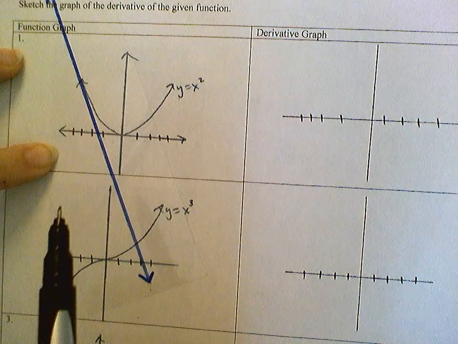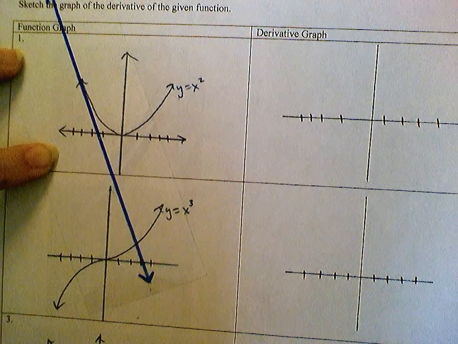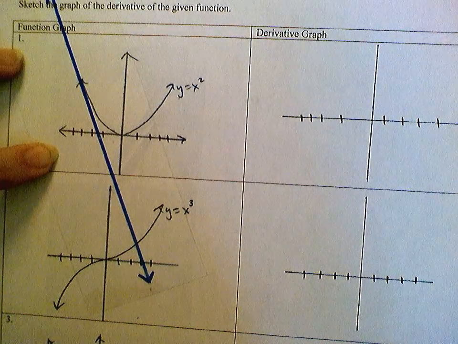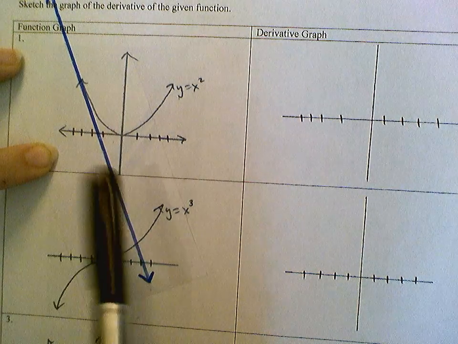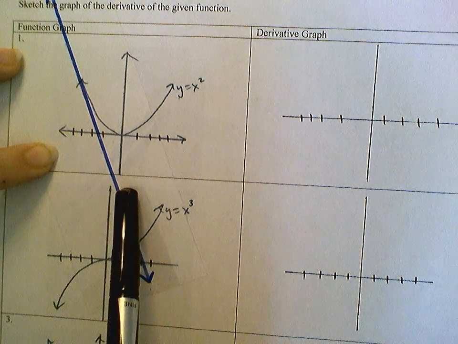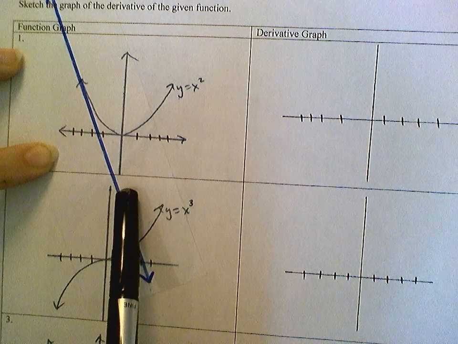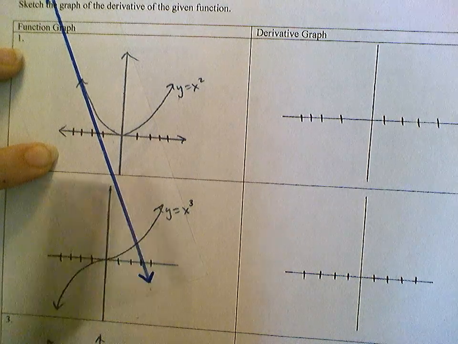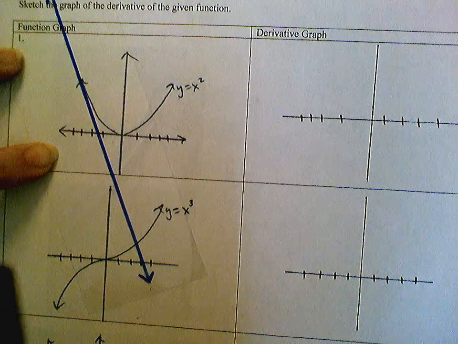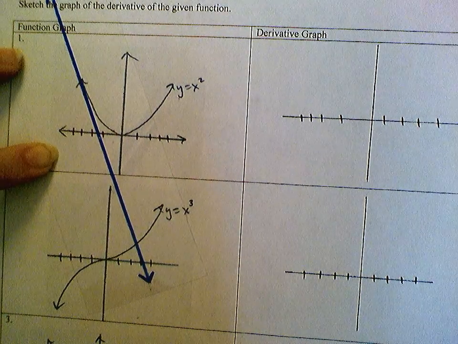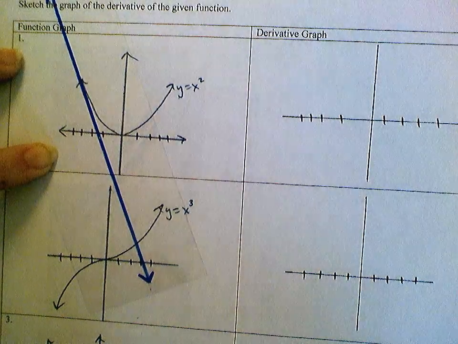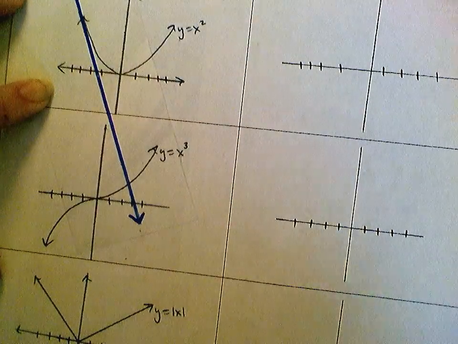And the tangent line is also steep. So we know that the slope is a big negative. A steep decreasing tangent line means a big negative slope.